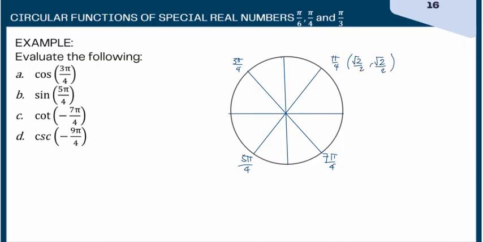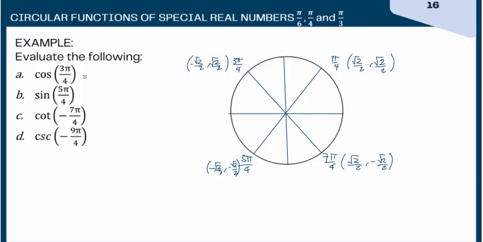This is going to be, since it's in quadrant 2, negative square root of 2 over 2, and square root of 2 over 2. And this is going to be negative square root of 2 over 2, and negative square root of 2 over 2. And then this is going to be square root of 2 over 2, negative square root of 2 over 2.